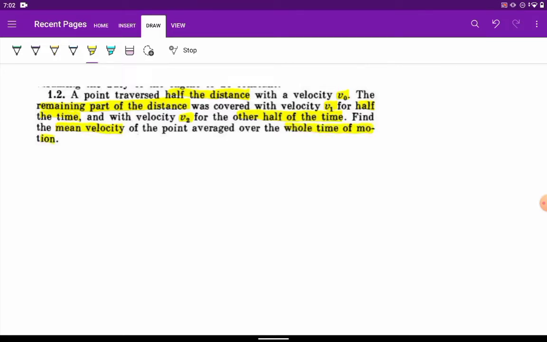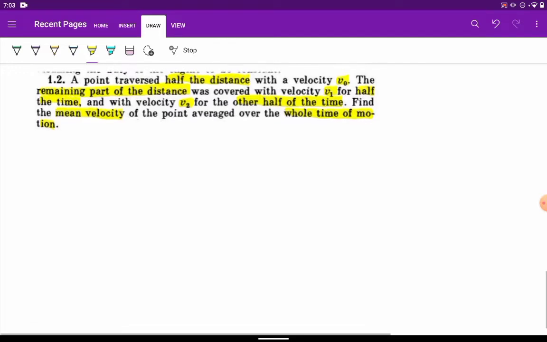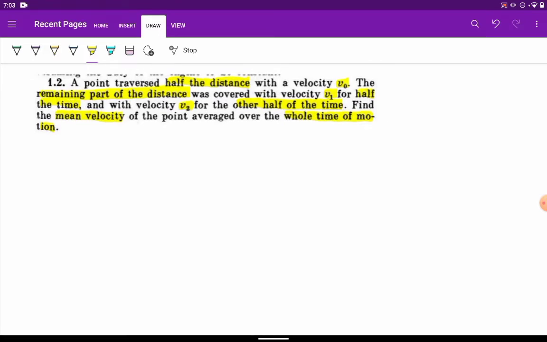Just a small thing: the magnitude of the mean velocity is basically the total displacement over the total time. We will assume without loss of generality that the point is moving in the same direction, which just helps us make the problem easier.